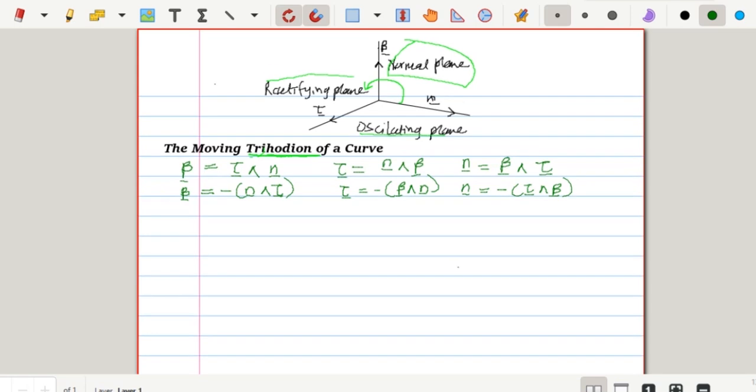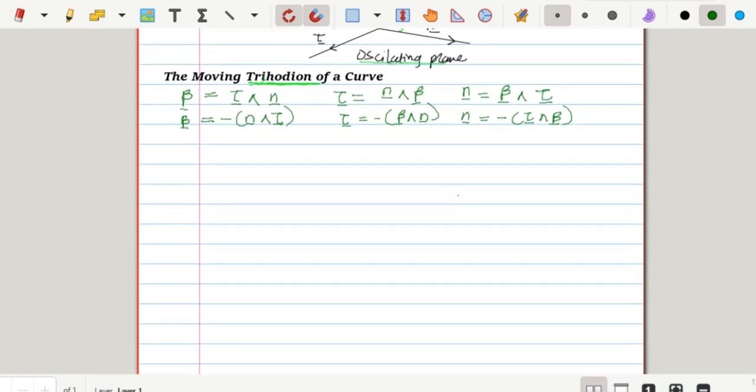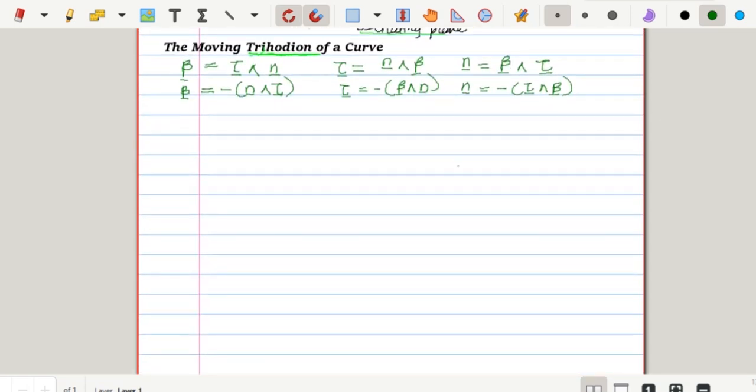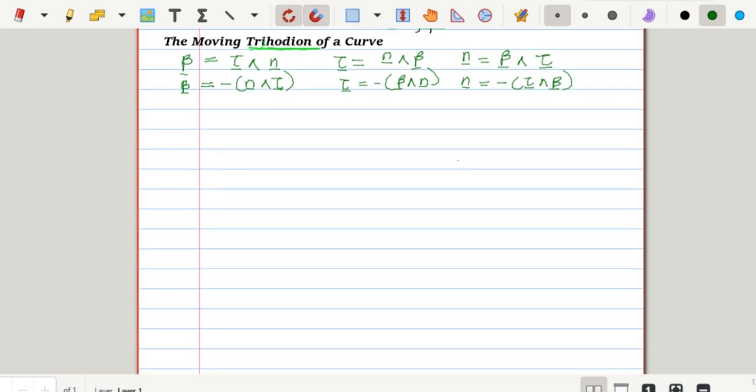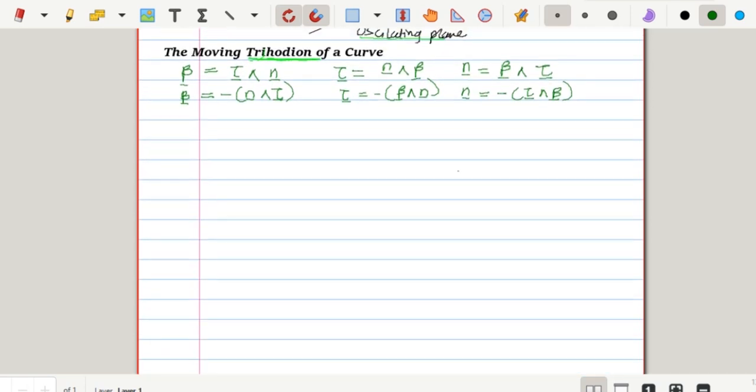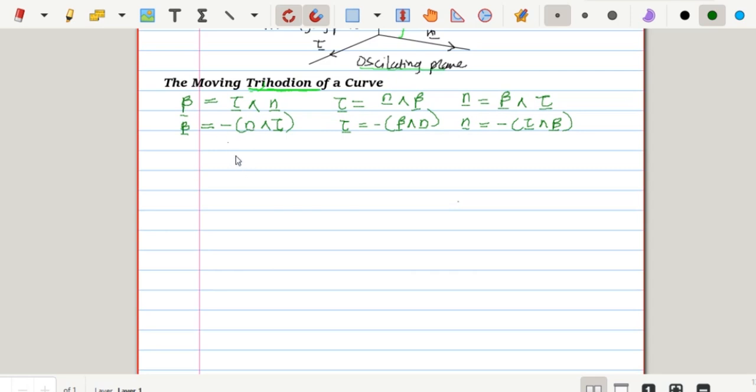Moving on, we are going to be looking at some other important formulas, and we have to know that these tripartite vectors here, tau, n and beta, are unit vectors. They also stand for some other formulas, which are very important. We are going to be making use of them here.